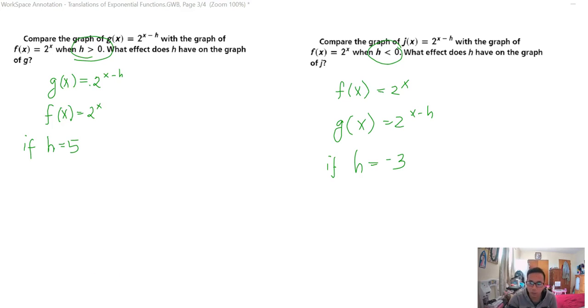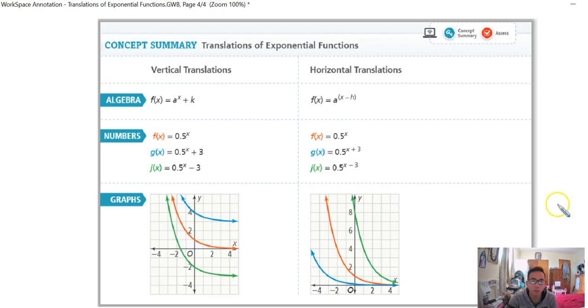Okay, so let's take a look at the summary of this one. We did the vertical translation and horizontal translation. Algebraically, f of x is equal to a raised to x plus k is a vertical translation, while the horizontal translation is f of x is equal to a raised to x minus h.